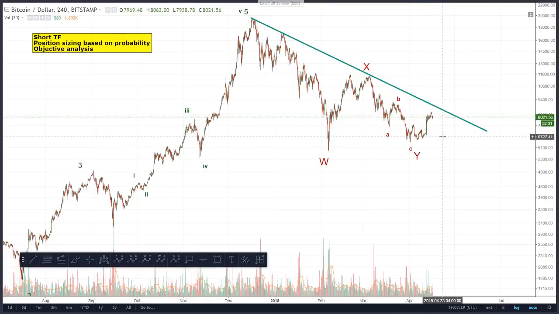Now, so basically we want to know, is this impulsive or is it corrective? That's what we really want to know right now. So if it's impulsive, this can't be the start of the impulse because it's only 3 legs up. Let's zoom in because it's not very clear here.